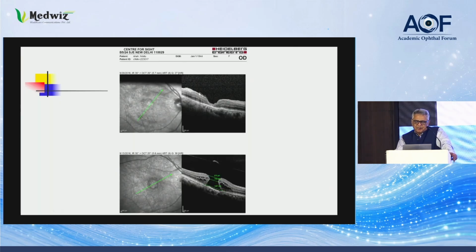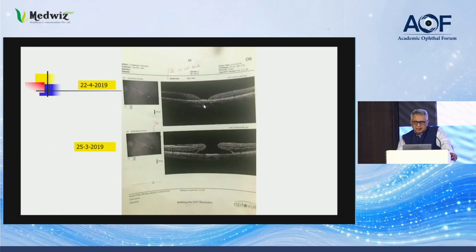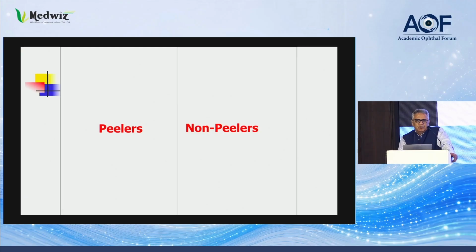Some ILM fragments are still there, but believe me, this is another patient who had a very difficult configuration of OCT, but still resulted in closure as well as some improvement of vision. So believe me, today macular surgery has so many variations, but broadly we have peelers and non-peelers.